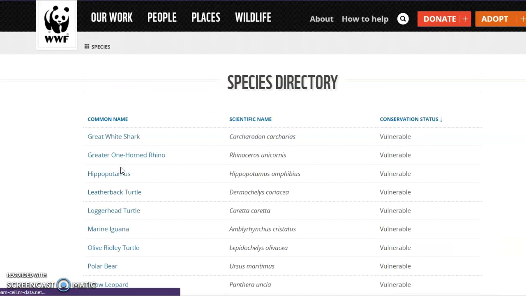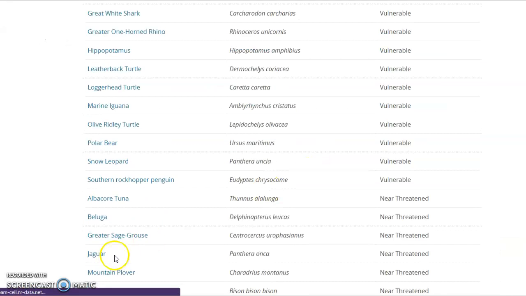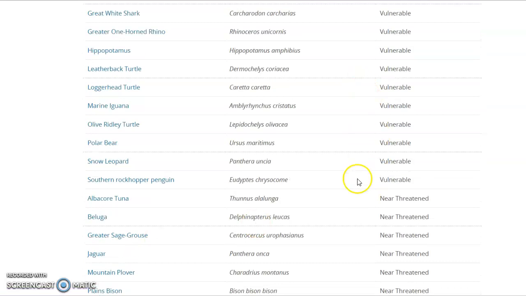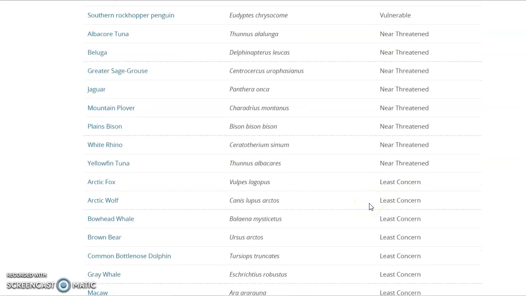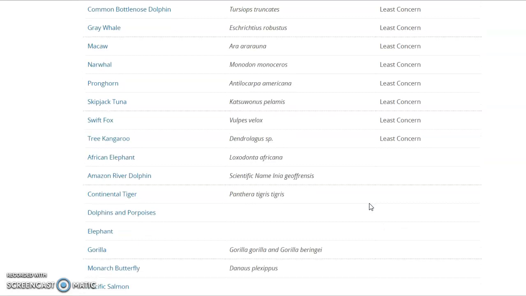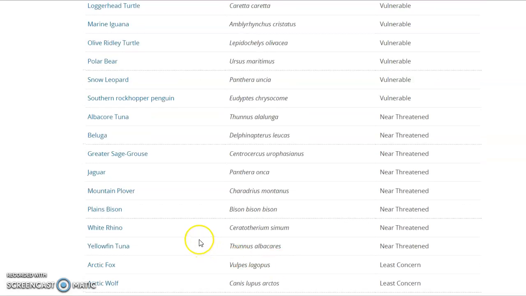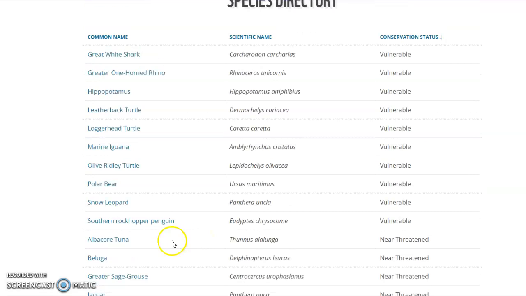There's 2 pages. It starts off with critically endangered on the first page, and then endangered, then vulnerable, and then near threatened and least concerned. I would not choose one from the least concerned. You can choose the near threatened, the vulnerable. I'm going to choose one from the vulnerable right now, or the endangered, or the critically endangered species.